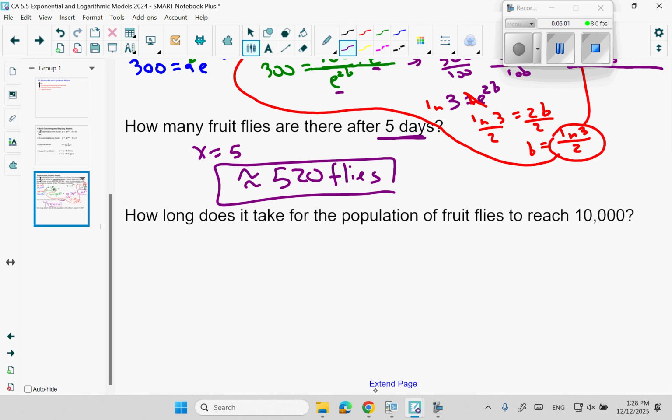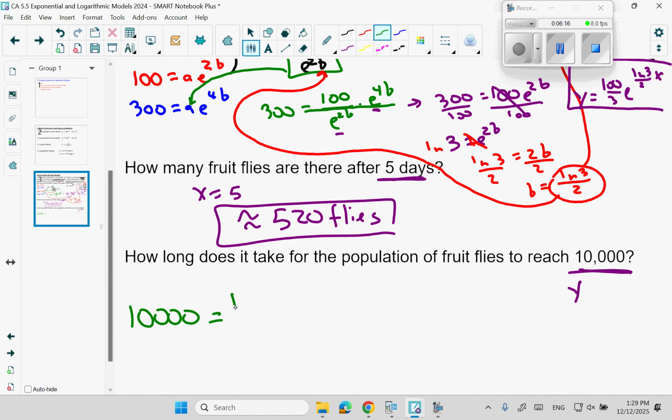And then here, how long does it take the population to reach 10,000? 10,000 would be the y value. So plugging in that 10,000 for y, and just solving for x, I can multiply both sides by 3 over 100 to get rid of that 100 over 3.